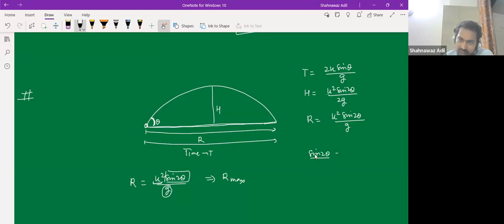You guys tell me, what is the maximum value of sine theta? What is the maximum value of sine theta that you get? Yes, guys.